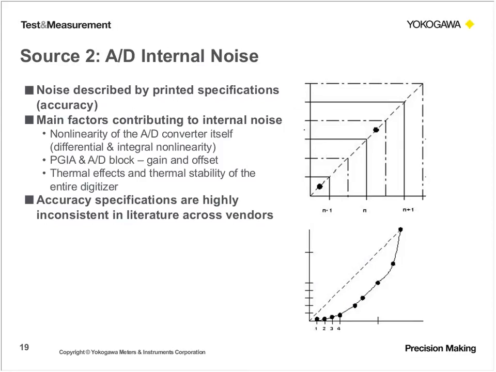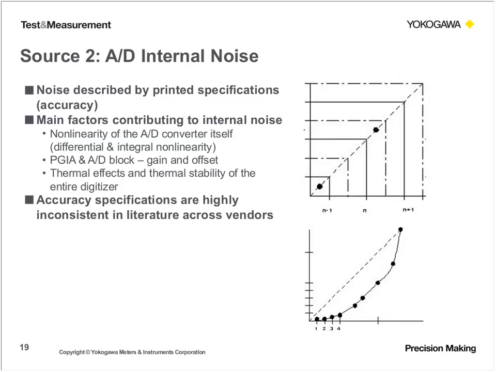You may also have some programmable gain error due to the chip, the A to D block, as well as maybe some thermal effects. So let's say you're running your data acquisition device for hours and weekends on end. Typically, the manufacturer will specify a drift or a temperature error due to running the data acquisition device for a long period of time. And keep in mind also that you'll want to keep your data acquisition device in a fairly stable environment.